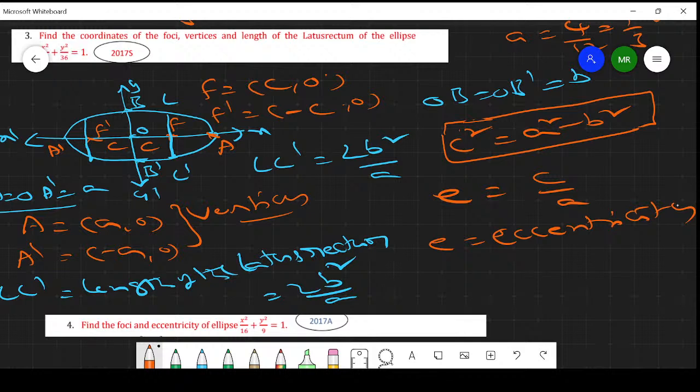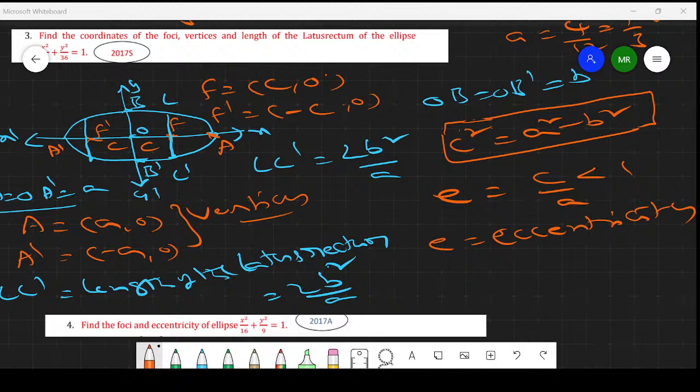Always you can see a is the greater value, OA is greater than OF. So c by a is always less than 1. Eccentricity is less than 1 in the case of ellipse.